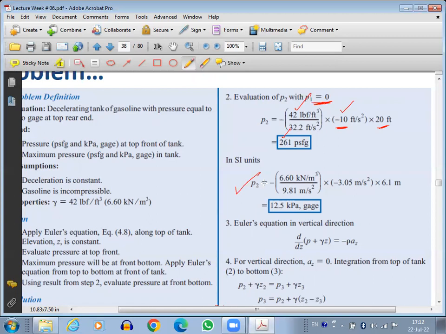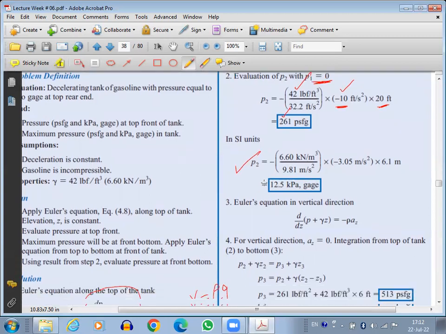The next thing is that now we need to find out the maximum pressure in the vertical direction. The acceleration was in the x direction. There was no acceleration in the vertical direction. So if we apply the Euler's equation for the vertical direction, AZ will be 0.